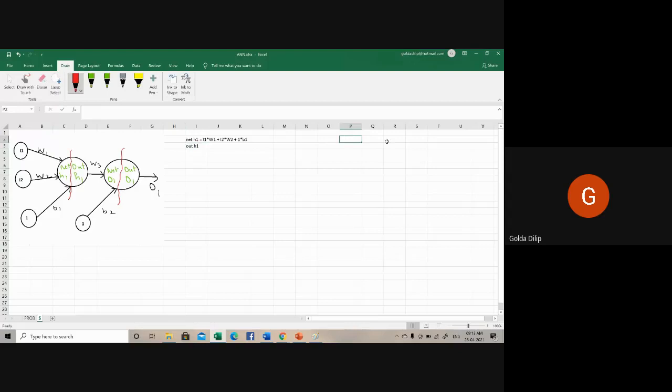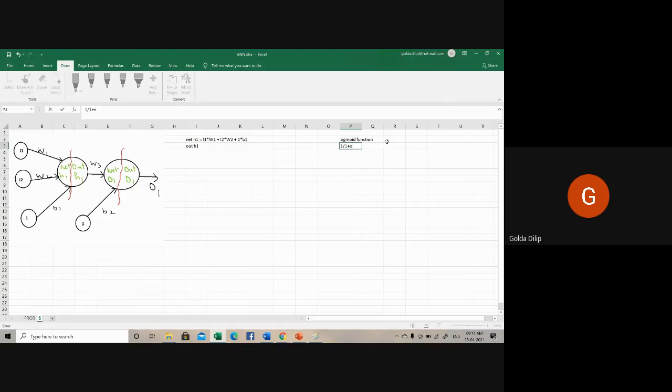The sigmoid function formula is 1 divided by 1 plus e to the power minus x.